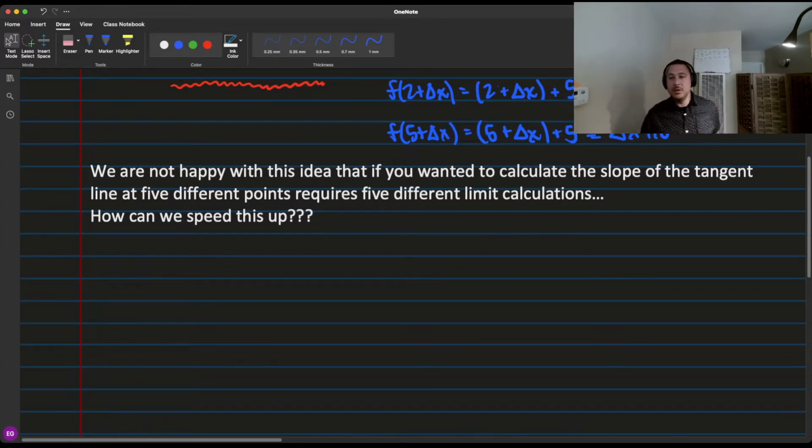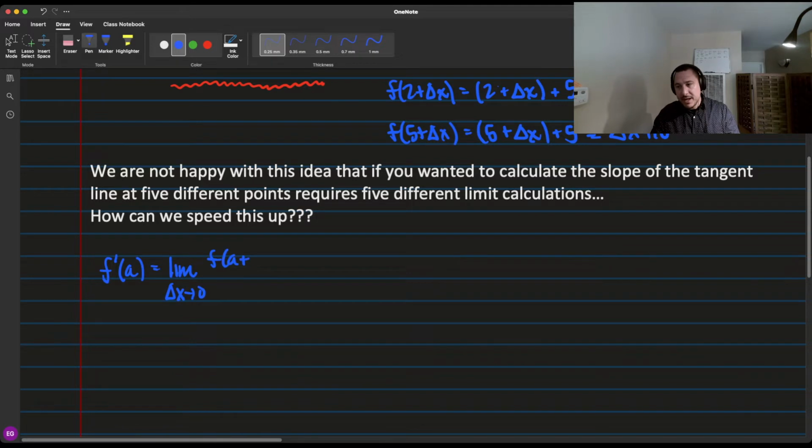So what you do is, instead of saying, hey, the derivative at some point a is equal to the limit as delta x goes to 0 of f of a plus delta x minus f of a all over delta x, and plugging in that particular number.